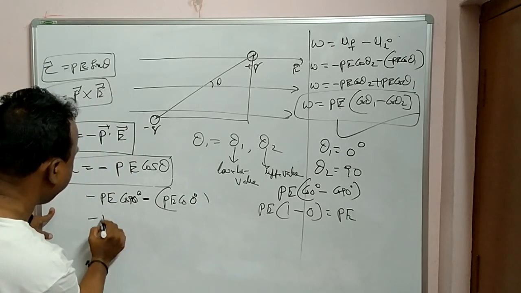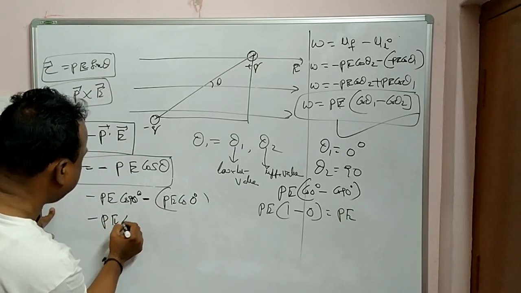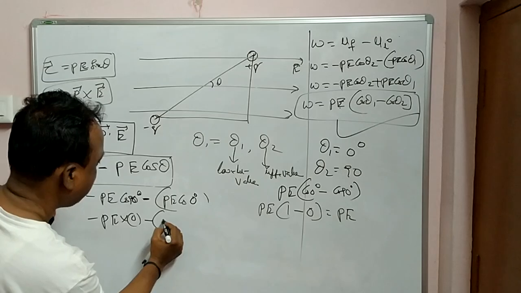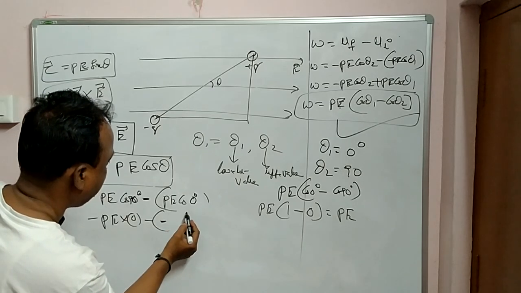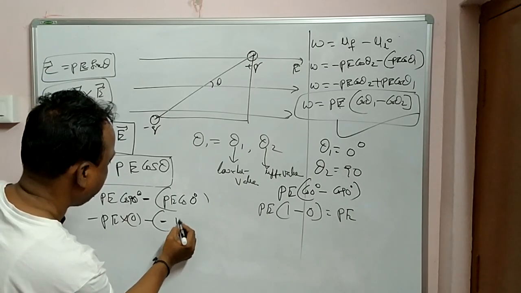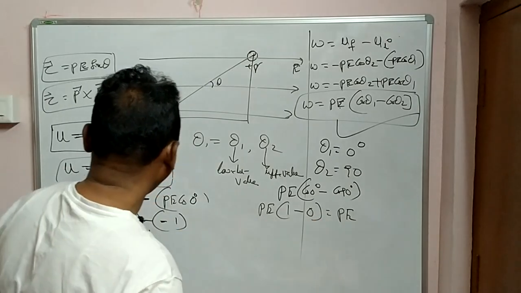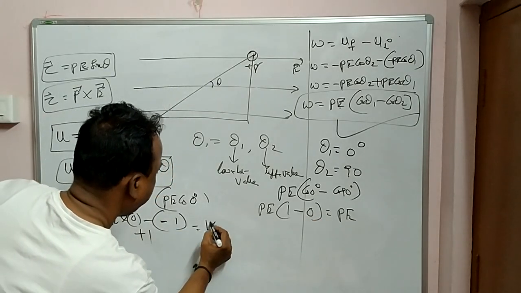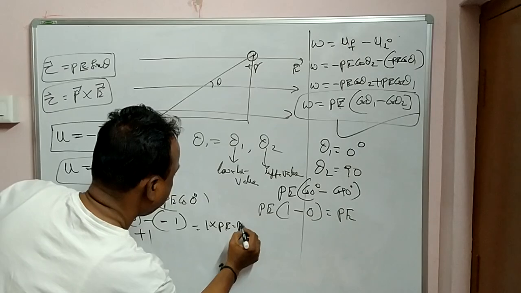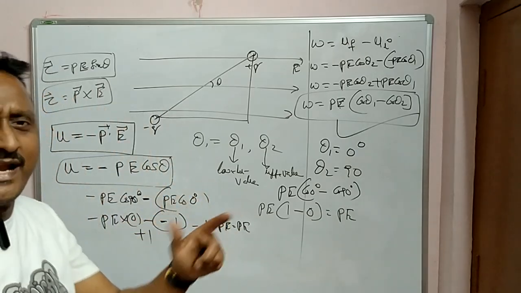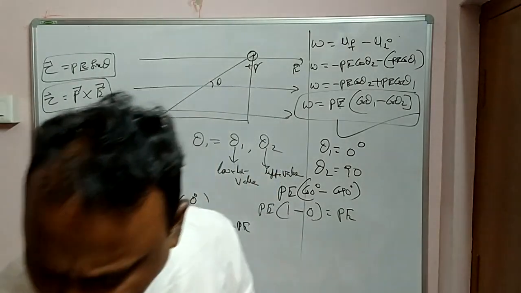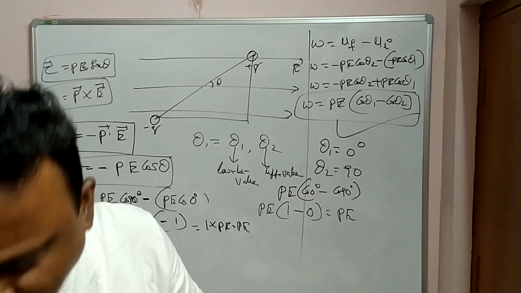If you apply it, PE cos 90 is 0, minus PE cos 0, which is 1. So minus into minus is plus, 1 into PE, that is equal to PE. However you do it, it is the same, you get the same value.